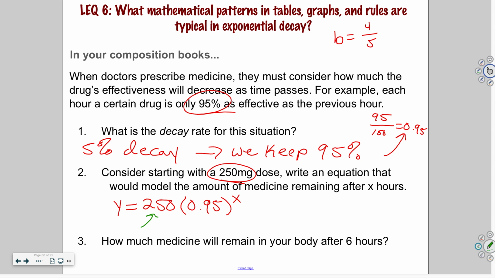This is the start, right? 0.95 represents, before we were calling it a growth rate. Now it's a decay rate.